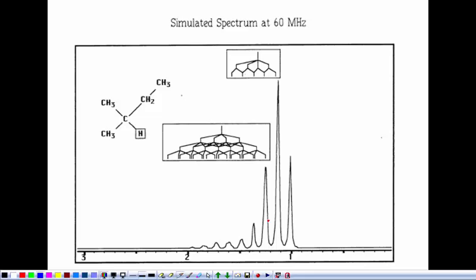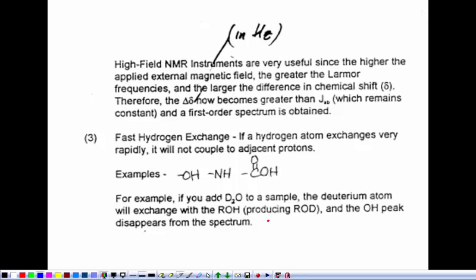So far, when we've talked about splitting patterns, we've only dealt with hydrogens attached to carbon. Why haven't we done anything with hydrogens attached to oxygen or nitrogen? Because they exchange. Imagine that you had an alcohol. If I draw an alcohol, it would look something like this. You're going to have your first alcohol molecule, and then you're probably going to have another alcohol molecule come in and at least maybe hydrogen bond to the first one.